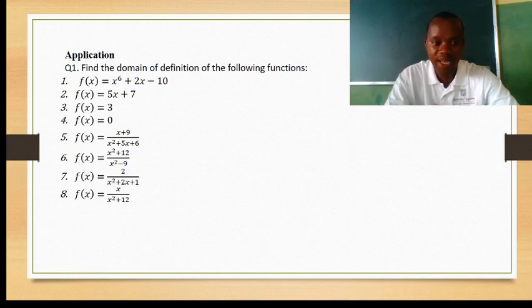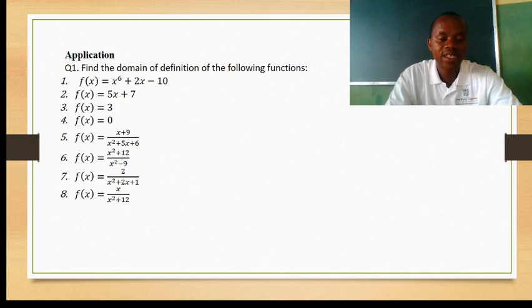For number 8, I think you have tried to find out the values which can make the denominator equal to 0, and I think you have found nothing. If you have used delta, you found that the determinant is negative.